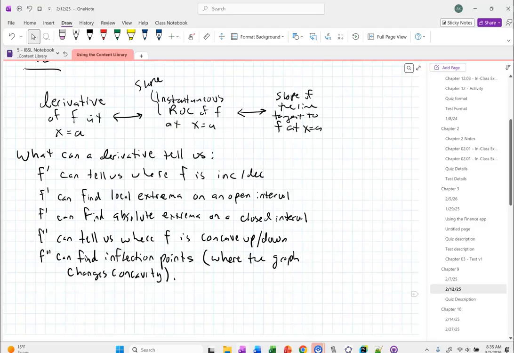Now, this is really important, not just for this class, but in life, because one very important application in almost every branch of science or industry is something called optimization.